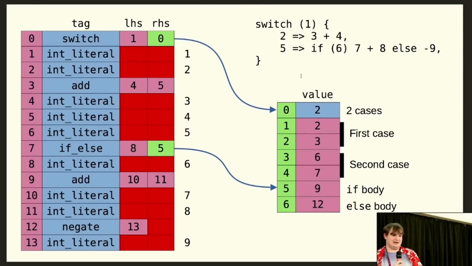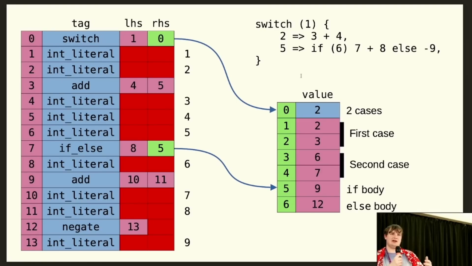This is a more complicated example. Again, we don't need to go through the full thing by any means. The important thing to understand here is how the switch works. We have this switch statement where the LHS of it is, again, the condition, the bit in parentheses. But the RHS points into extra data. And in this case, we don't just interpret that as AST node indices. The first one we're going to see is the number of cases we have.